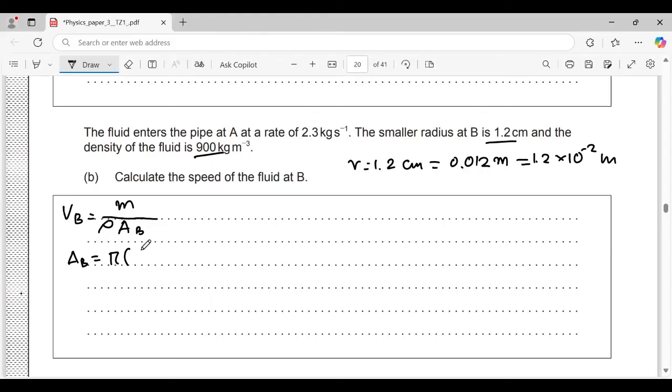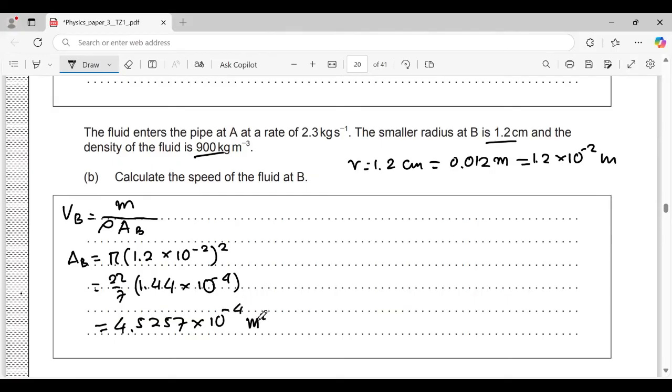So pi times (1.2 times 10 power minus 2) squared. Using 22 over 7, times 1.44 times 10 power minus 4, the result is 4.5257 times 10 power minus 4 meters squared.